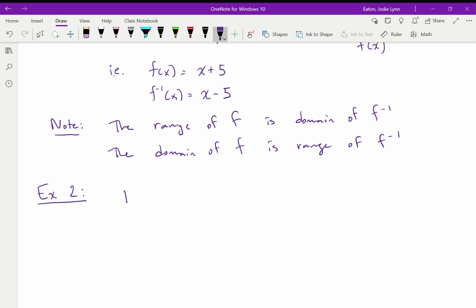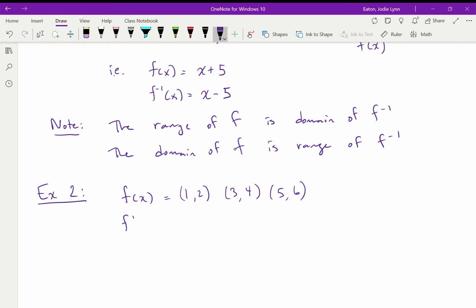Okay, so if we have a discrete function, we can say f of x is 1 to 2, 3 to 4, and 5 to 6. We can see that this is a one-to-one function because we only have one output for each input, and each output is unique. There are not two inputs that map to 2, 4, or 6.